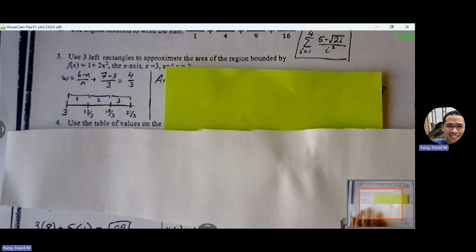And then do width times height for your 3 rectangles. I would start in function notation, and then you can plug the fractional values into your calculator.